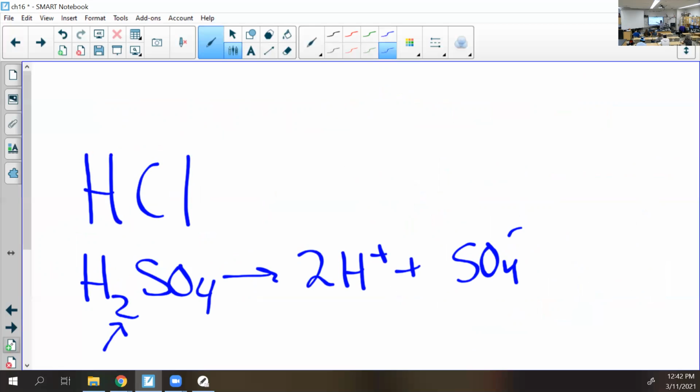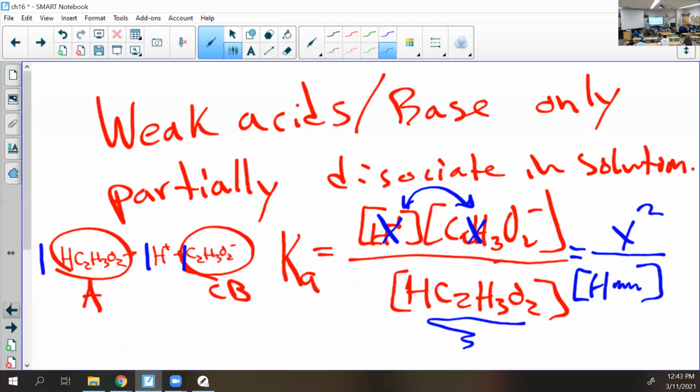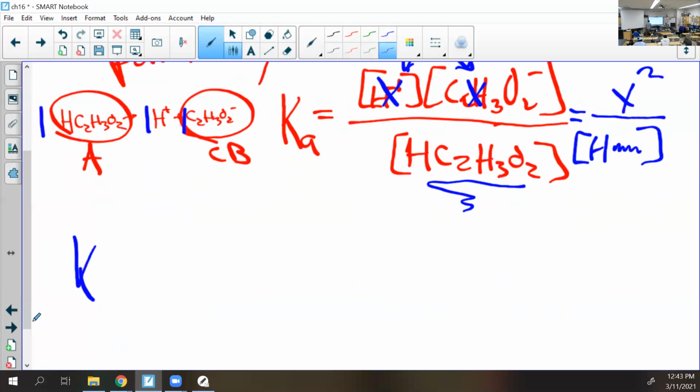But we don't do diprotic very often, so just come back here. As long as we have monoprotic weak acids, Ka is always equal to X squared, which remember, X means the concentration of H plus, or whatever the anion was, you with me, over the initial concentration. And that makes our K values really, really easy to calculate.